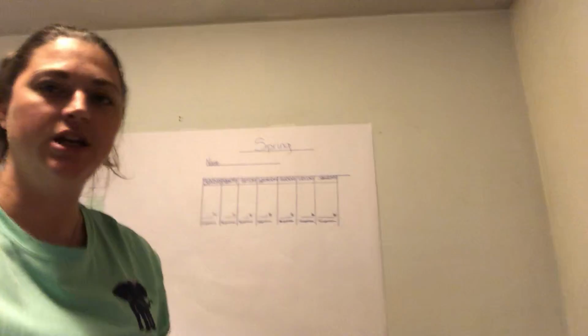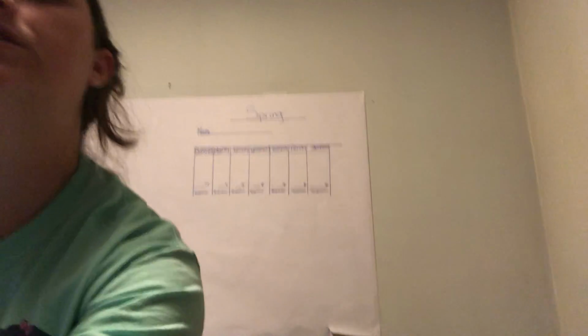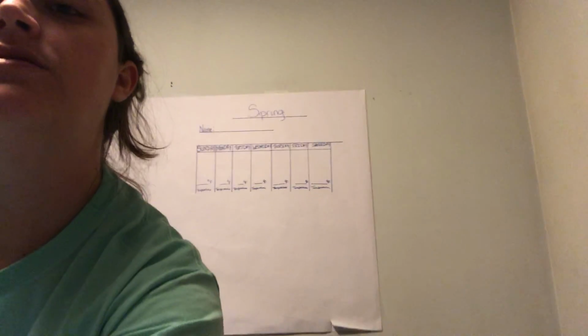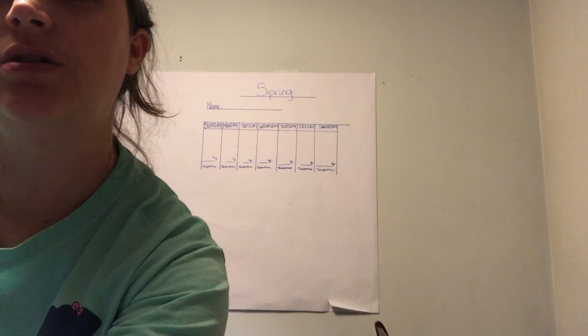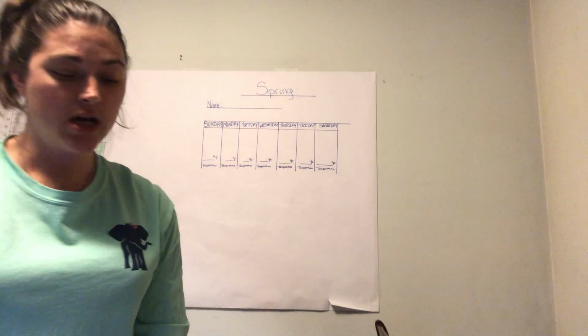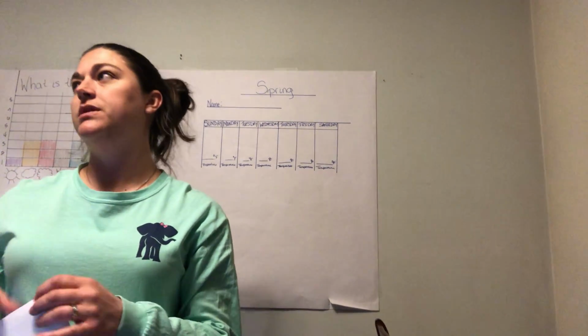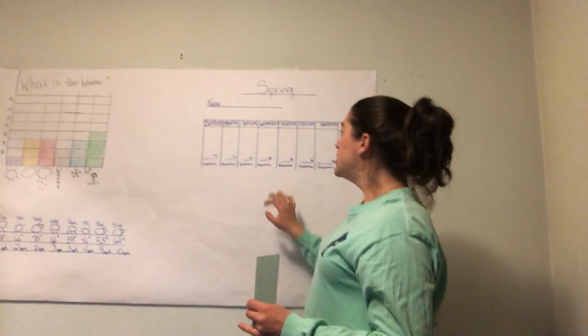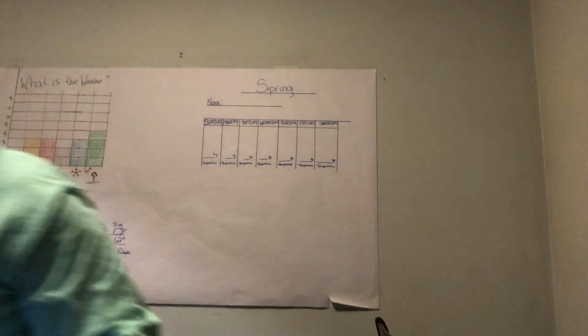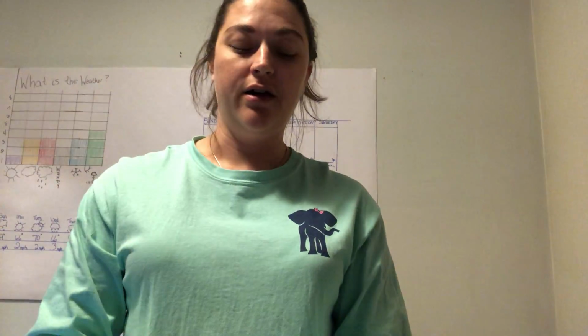With the spring sheet, what we are going to do is, by using the data that we collected, create our own weather forecast for this week using typical spring weather. This is the sheet that I would give them, and with that sheet, they are getting cutouts of some spring weather.